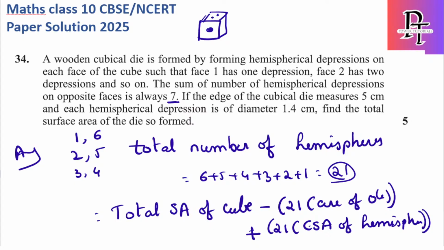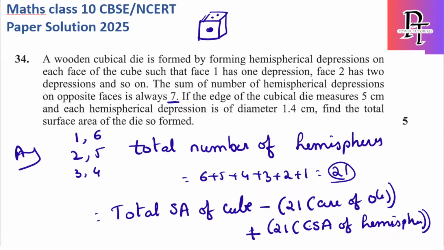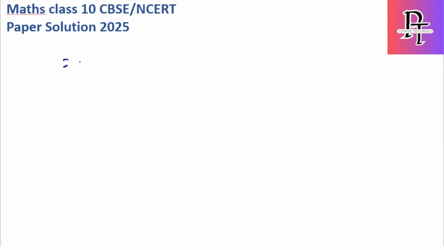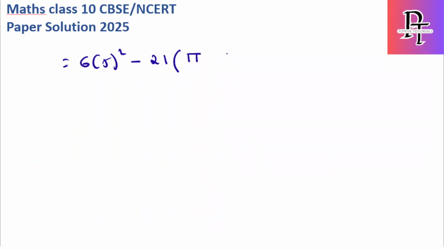What is the TSA of the cube? 6L square. The side is 5. So it is 6 into 5 square, minus 21 into the area of a circle, which is pi r square. The diameter is 1.4, so the radius will be 0.7.